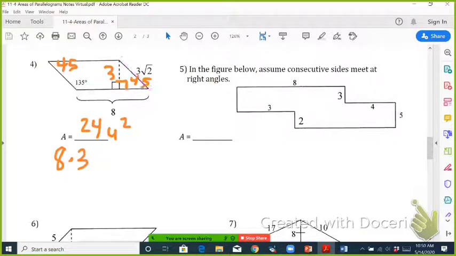Since this is a parallelogram, we know that consecutive angles are supplementary and opposite angles are congruent. So that creates a 45, 45, 90 triangle where the hypotenuse is 3 root 2. So you divide that by root 2 and you get the height is 3. So 8 times 3 is 24, right? And always indicate units even if they're not given. So you would just say 24 square units.